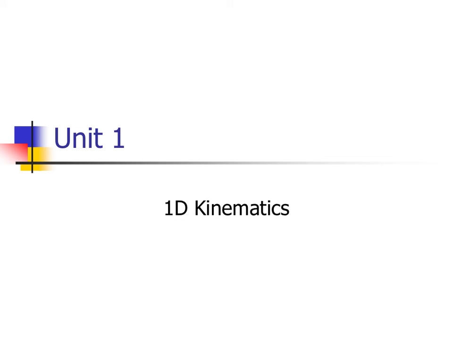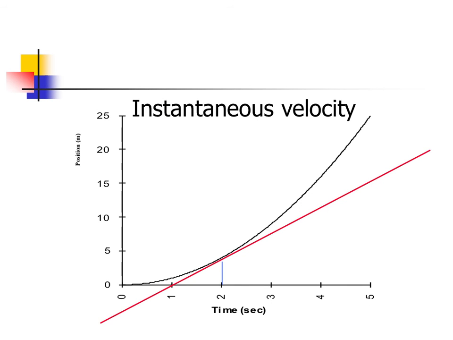So, to continue talking about one-dimensional kinematics, and more specifically, velocity, and also doing some of the calculations within, looking at some more graphing as well. So, last time we talked, we had kind of finding the slope of this line.